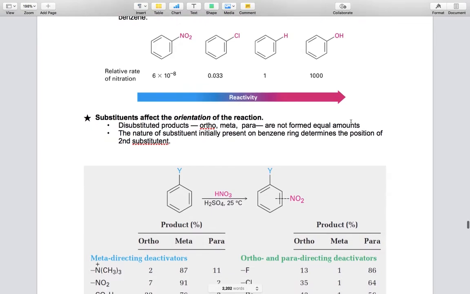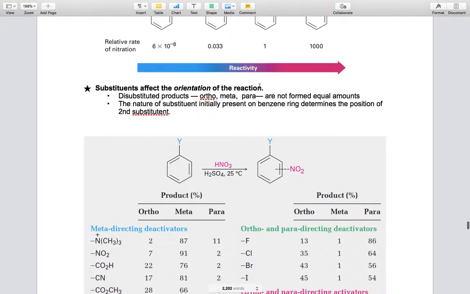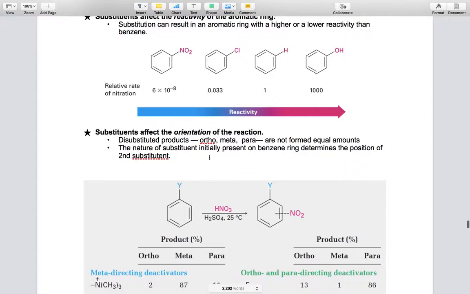Now, let's proceed to the substituents that affect the orientation of the reaction. This is commonly found in disubstituted products. And I said that in naming disubstituted products, we are using the Ortho, Meta, and Para naming system.